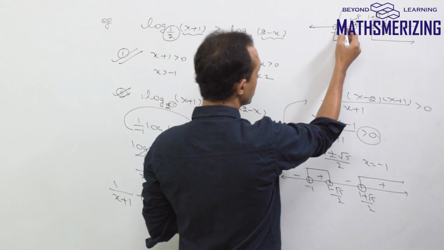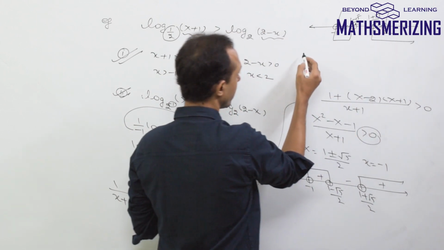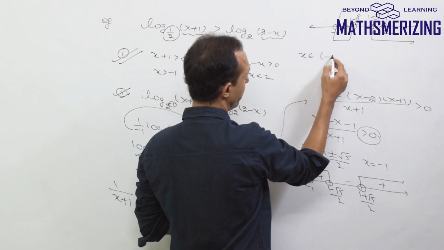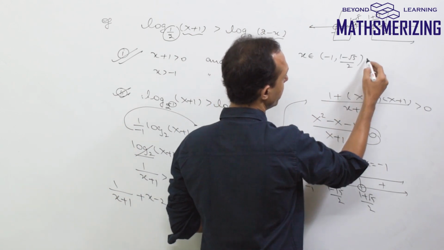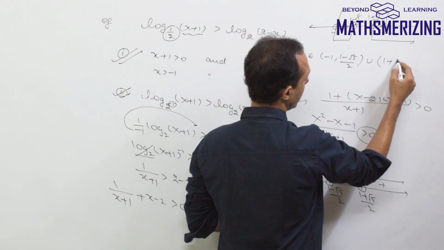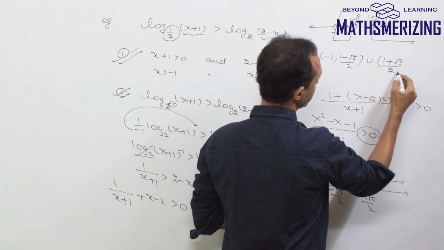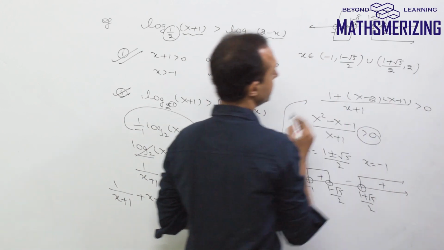So the interval which is common to both is x belongs to, from minus 1 to 1 minus under root 5 by 2 union 1 plus under root 5 by 2 to 2.